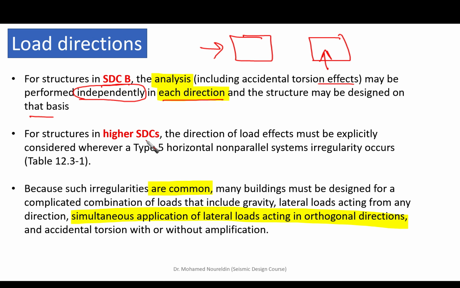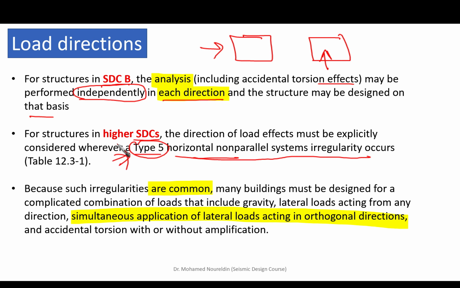However, for higher SDC, starting from C, D, E, and F, the direction of load effects must be explicitly considered wherever a type 5 horizontal non-parallel system irregularity occurs. This is a very common type of irregularity.